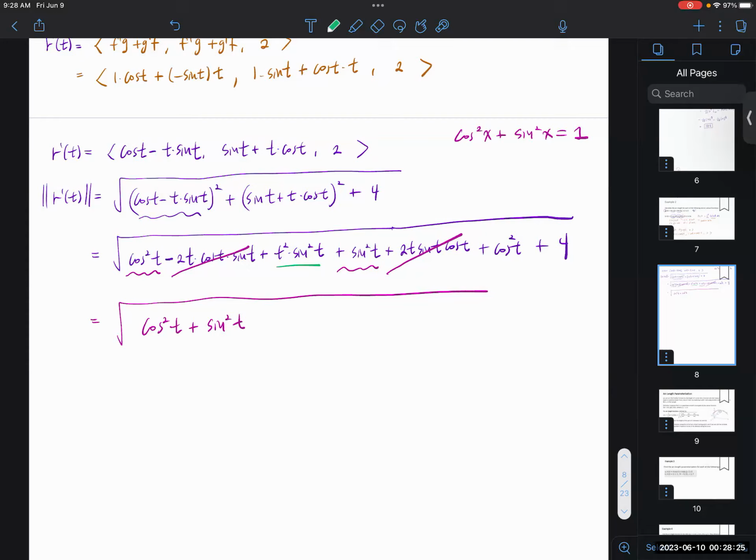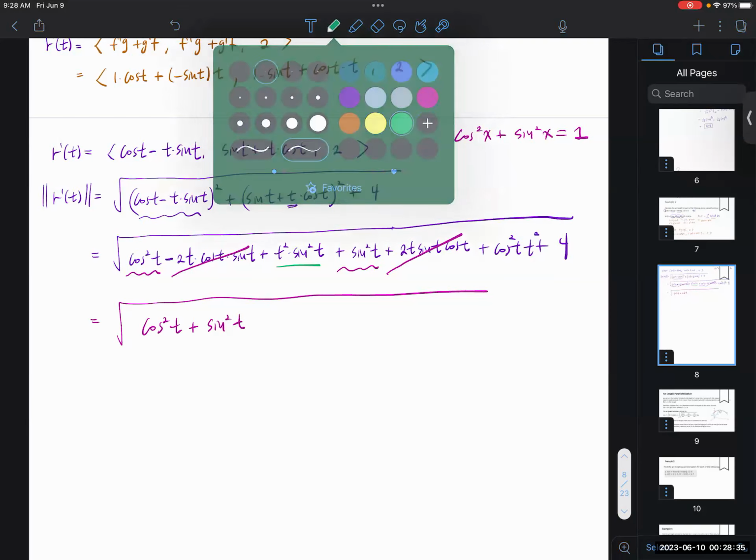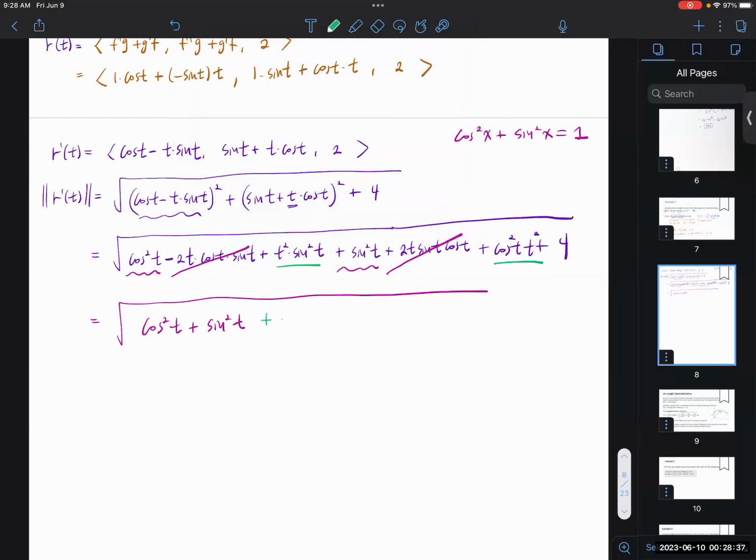Let me double check. I have a sine squared t, so I'm missing cosine squared t, and I'm missing this one, we have a t squared. So I'm going to combine this: t squared sine squared t plus t squared cosine squared t, correct? So these two combine, and this is going to be 1.